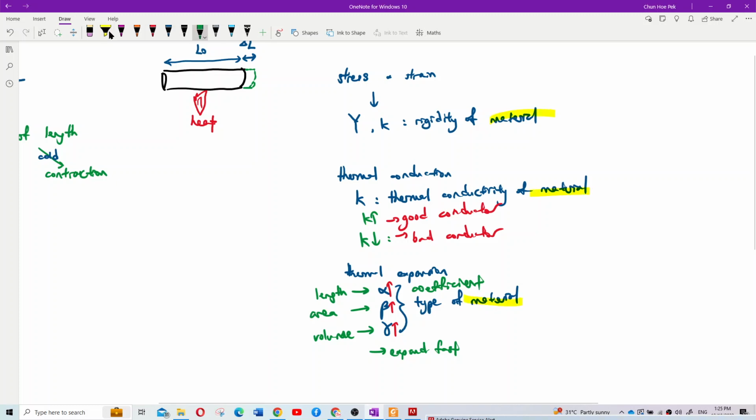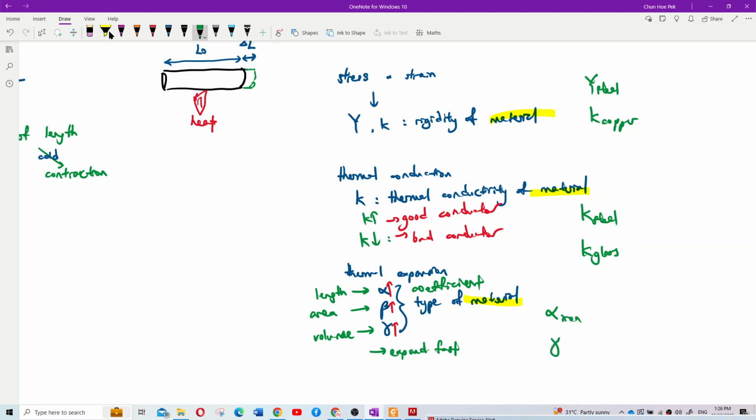Like what I say, you have Young modulus of steel, you have force constant of copper, thermal conductivity of steel, thermal conductivity of glass, and then you have alpha for iron.